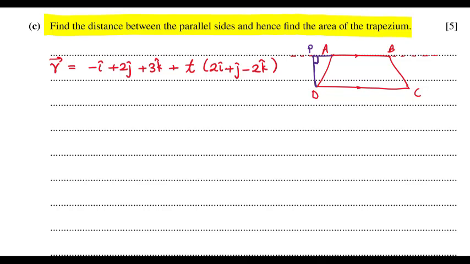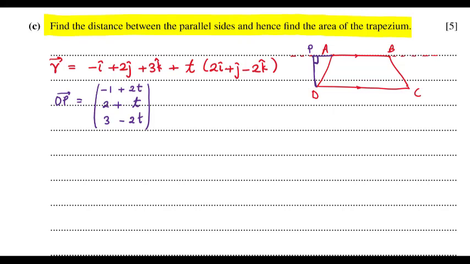Then we will find DC vector and AB vector so that we can calculate the area of the trapezium. For any point P, the position vector OP I'll write as a column vector, which is easier to calculate with. So any general point P is -1 plus 2t, 2 plus t, and 3 minus 2t. That's the OP vector.